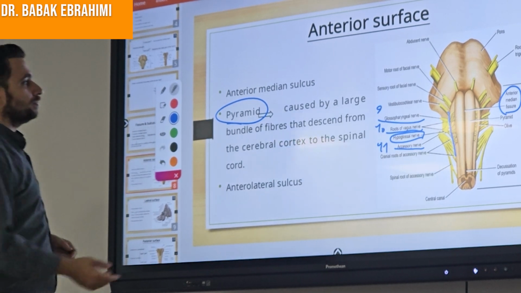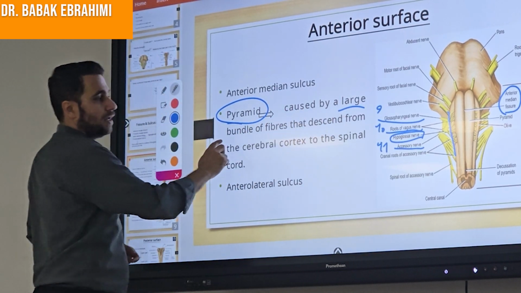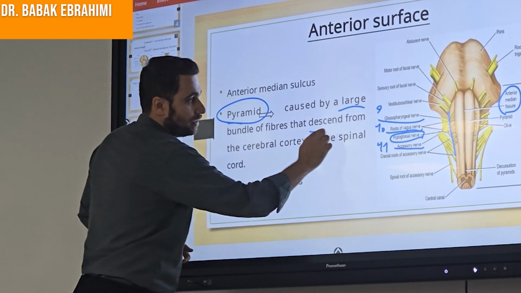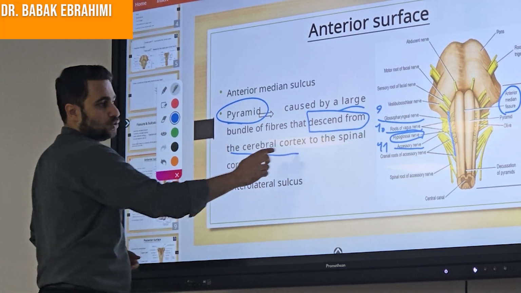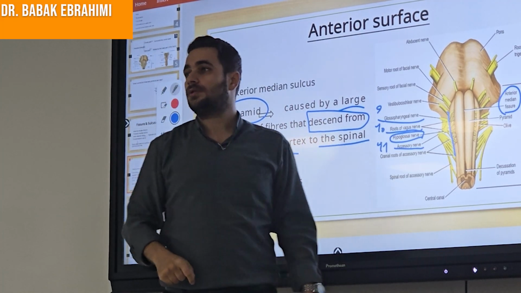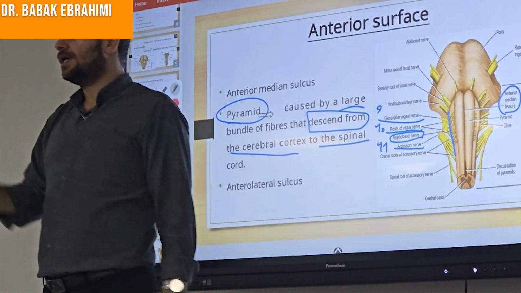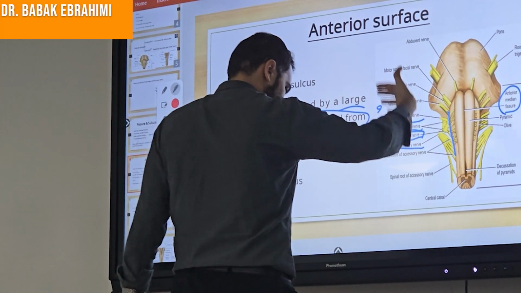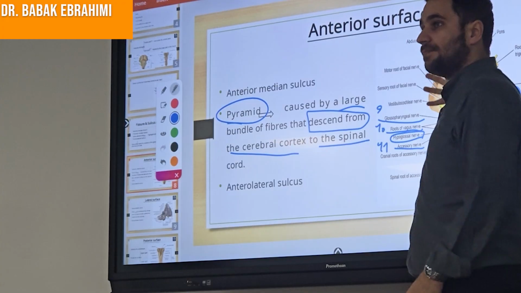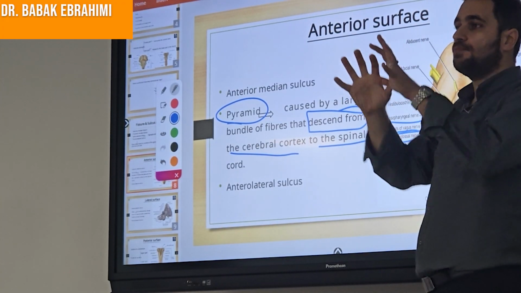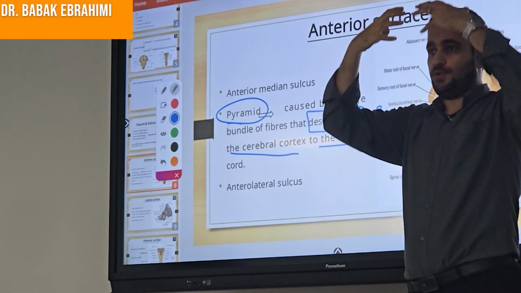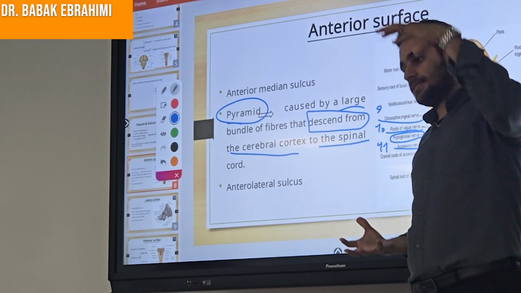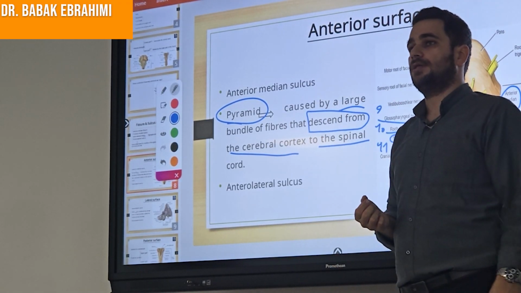Look here, it is caused by a large bundle of fibers that descend from the cerebral cortex to the spinal cord. And I also told you the anterior part of the brain stem is related to the motor part. If I turn the medulla oblongata to the posterior, you will see it relates to sensory information.